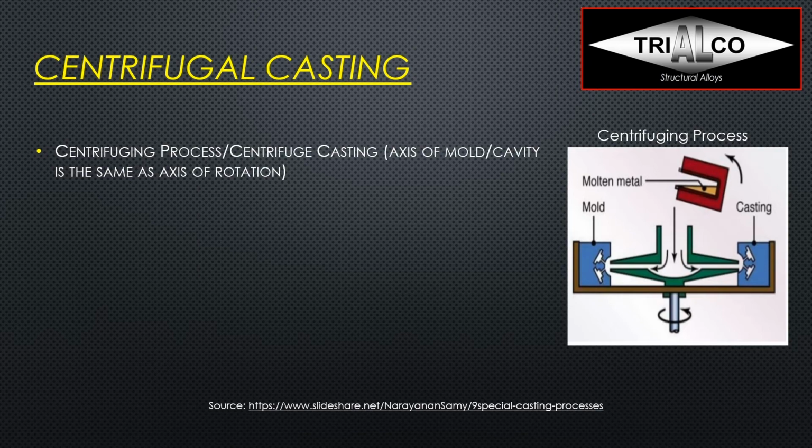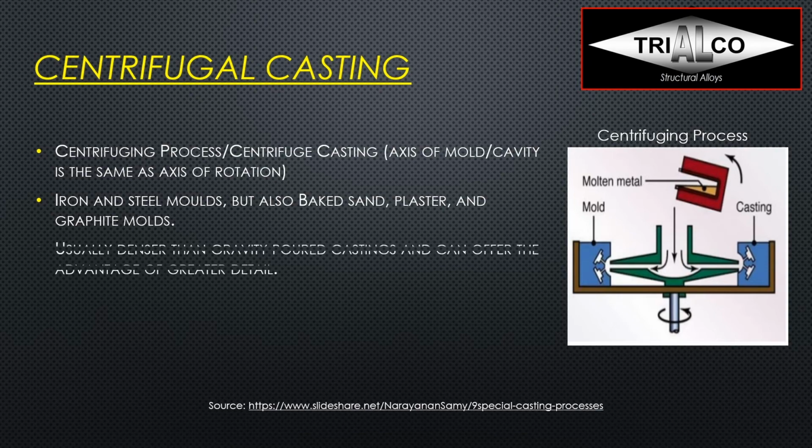The centrifugal force pushes the metal to the outside and into the mold during the rotation. We have typically iron or steel molds, but also baked sand, plaster, and graphite molds. This usually gives a denser than gravity poured casting, and can offer the advantage of greater detail, a little bit like the low pressure casting.